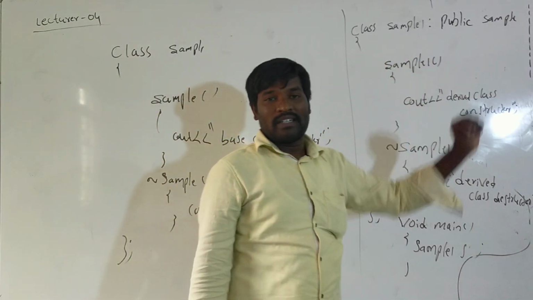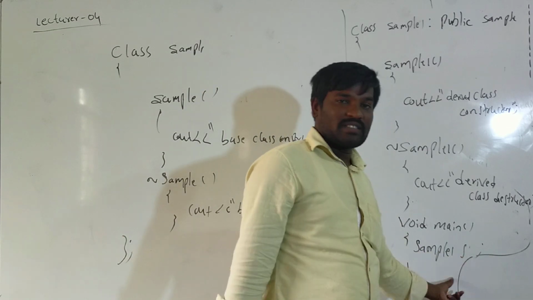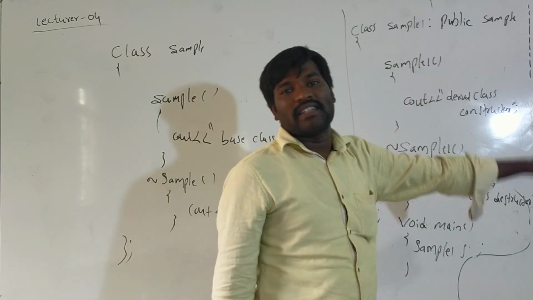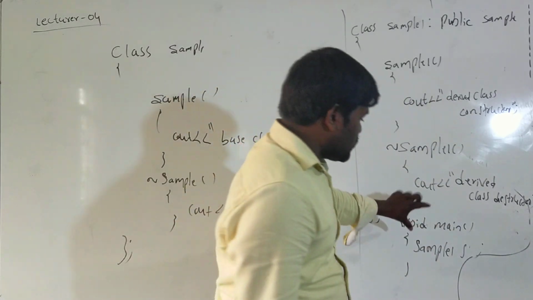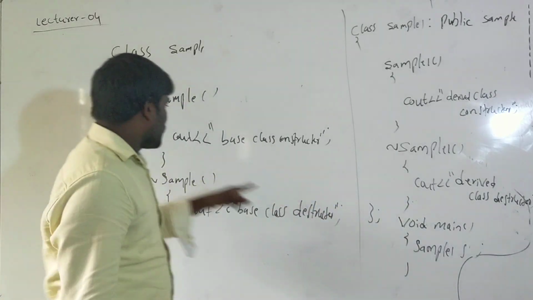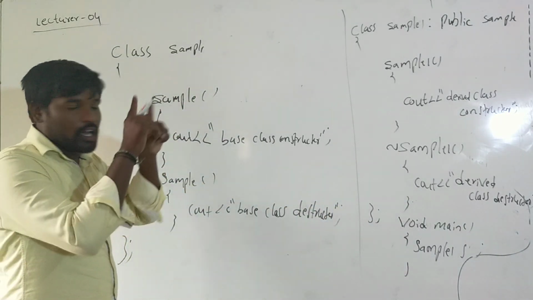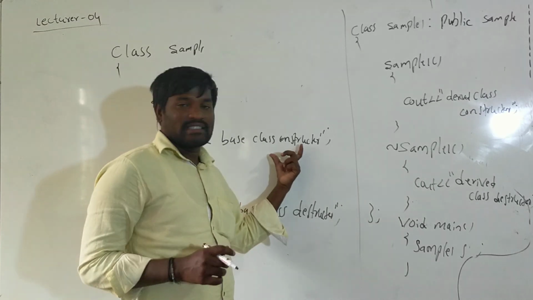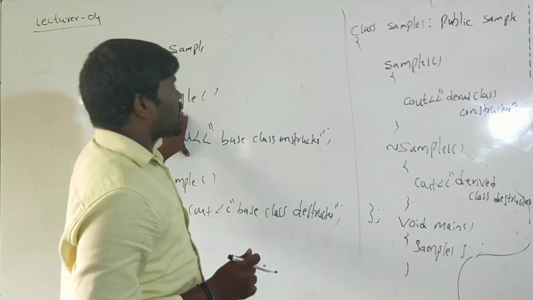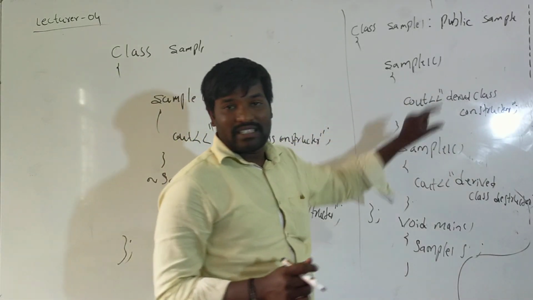If I am not implementing inheritance, sample1 of S will obviously call sample1. But if you are implementing inheritance, when the object is created, it automatically calls the base class constructor. So after calling the base class constructor, it automatically calls the derived class constructor.